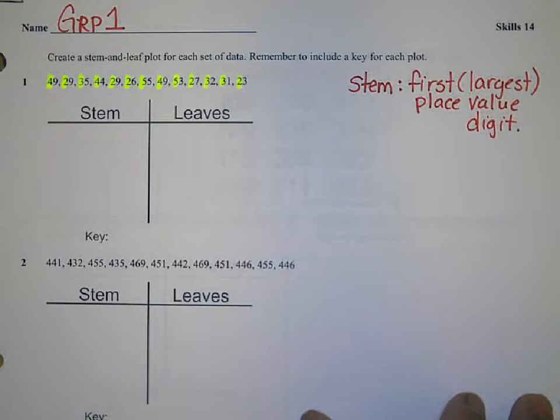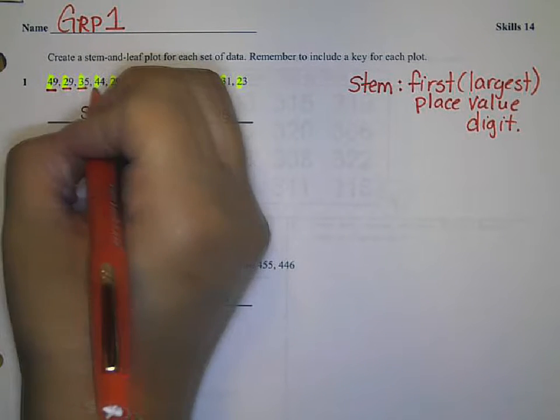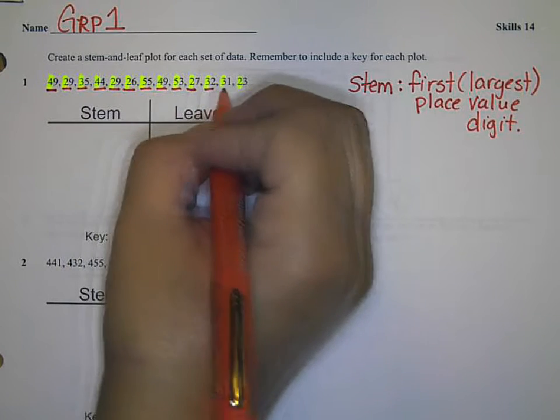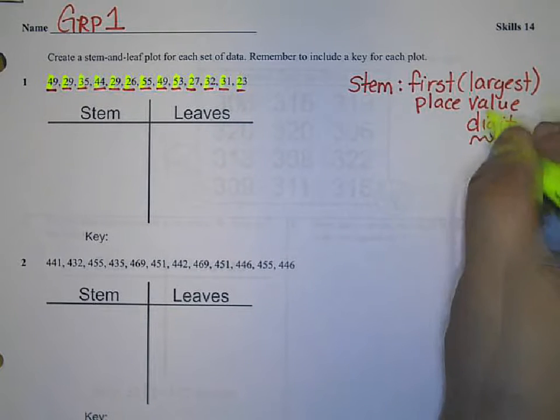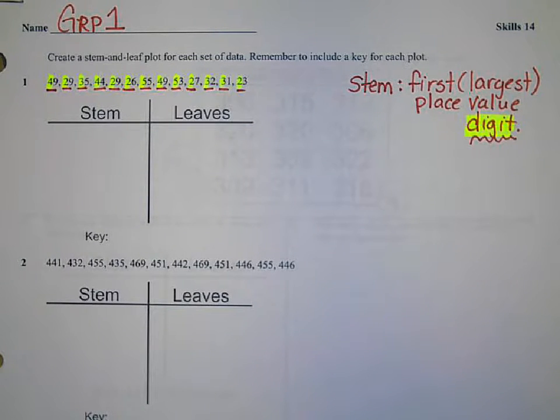Okay, I want you to understand that what I just highlighted is not a number, because that digit is part of a number. So when we're working with stem and leaf, it's very important that this word right here, digit, is only a digit within the number. Everybody understand that? Okay.